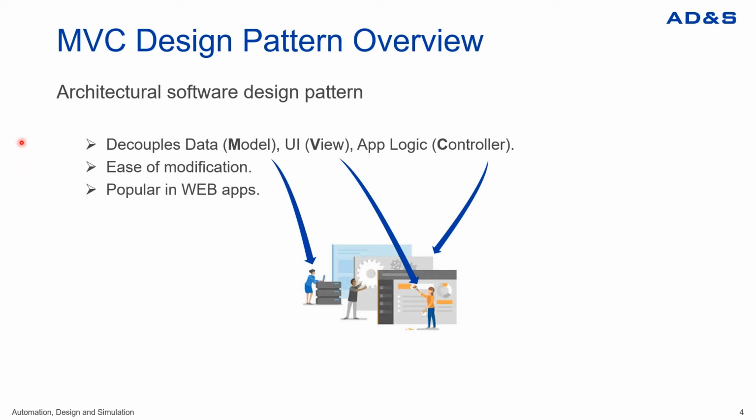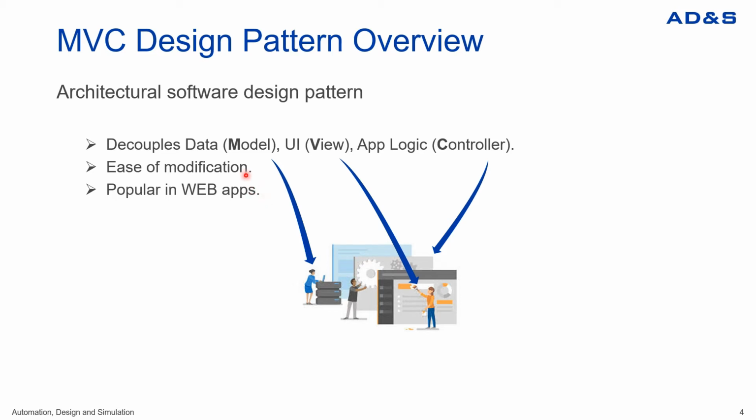So what is the MVC design pattern? The MVC design pattern is an architectural software design pattern that allows us to separate or decouple an application into three main logical components. And we can see those components depicted here.